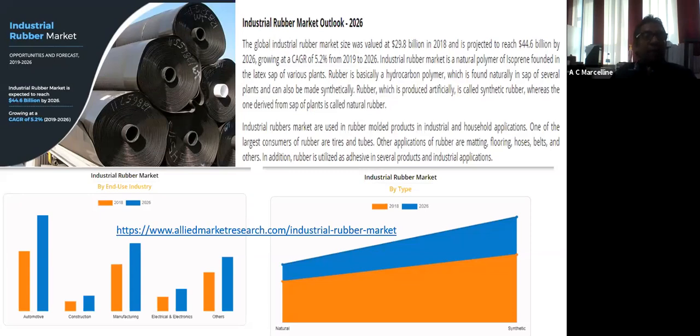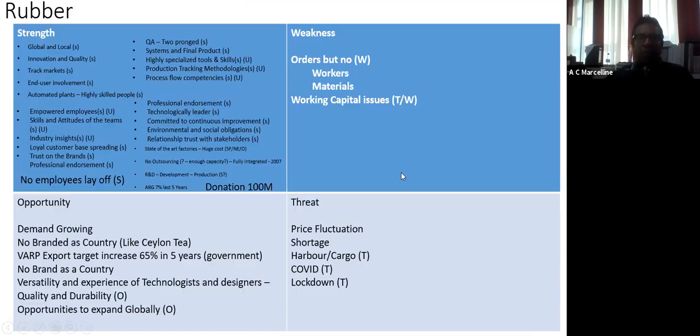You could see the total market is expected to reach 44 billion, with 5.2% growth, whereas our GDP is not growing so much. So that means there is a huge demand, a huge opportunity for this particular market outside. Getting into this market is nothing wrong; working on it, there are absolutely no issues at all.